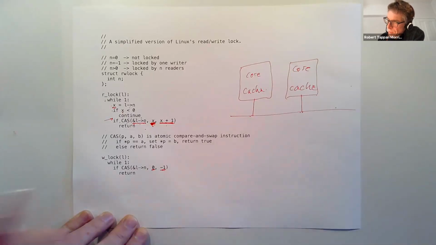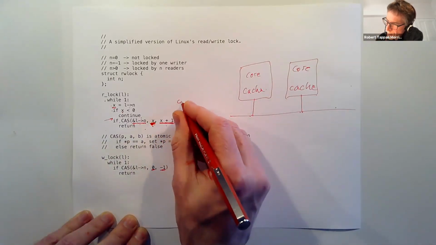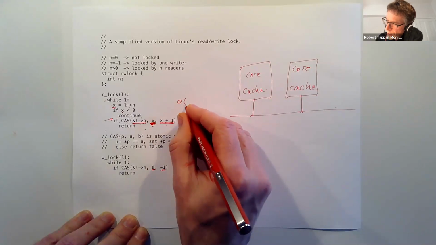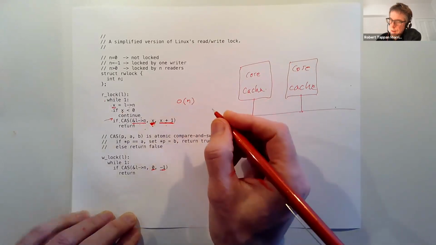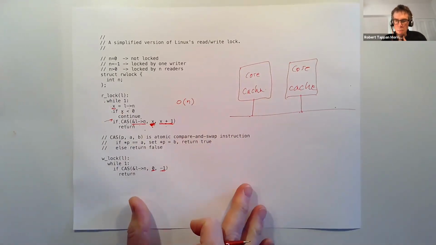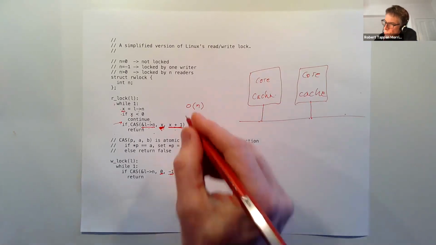And that means that the total cost for n cores to acquire a particular lock, even for reading, is order n, and that means as you increase the number of cores for a popular piece of data, the cost for everybody to lock it just once goes up. Sorry, it's order n squared.